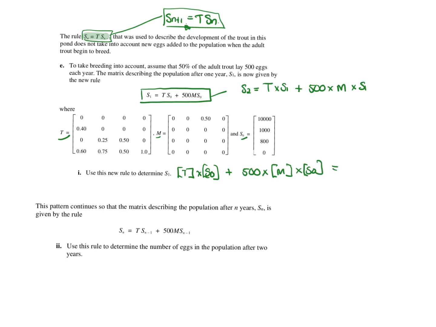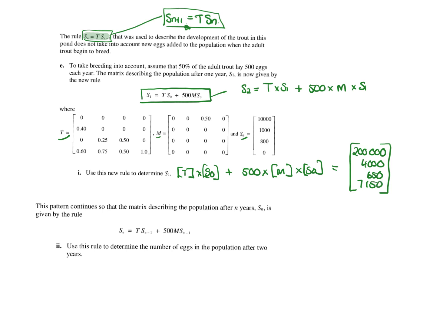Okay, and you end up with, I'll just put this matrix in there like that, you should end up with 200,000 eggs, 4,000 babies, 650 adults, and 7,150 deaths.